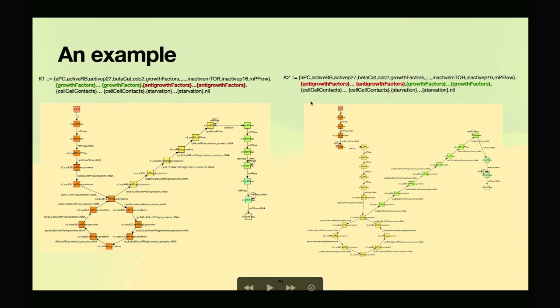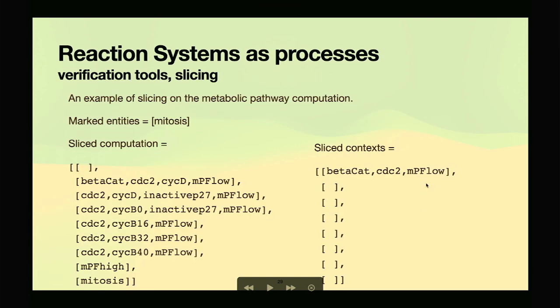But if the external context provides first the red entities and then the green ones, we have an almost completely different computation. Here is the result of the slicing algorithm that is stopped, and the slicing algorithm has been applied as soon as, in the state, the entity mitosis appears for the first time.